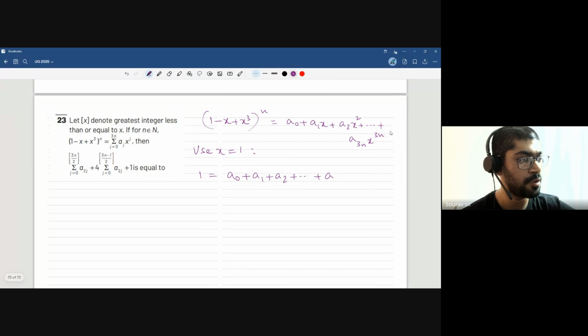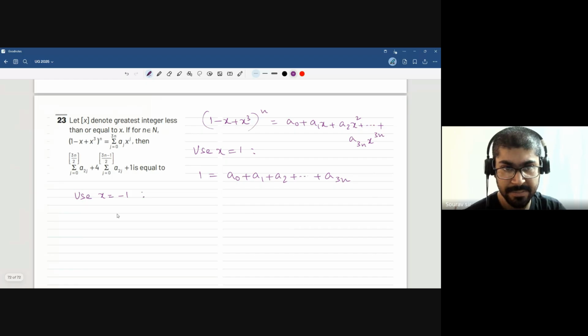All right. So now what? Now I can just go for -1. So use x equal to -1, and that will be, so minus of -1 will cancel out again, this will be 1 plus 1 and -1, so again it will be 1.